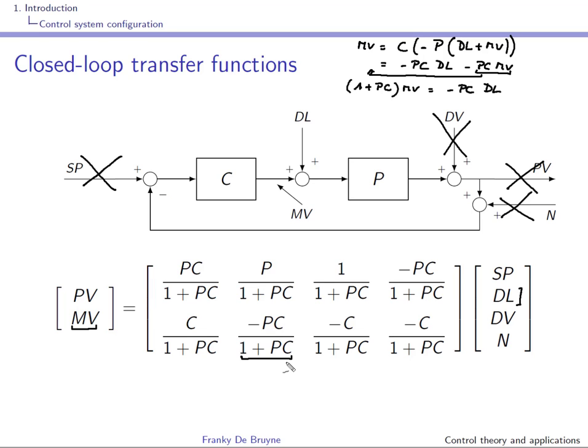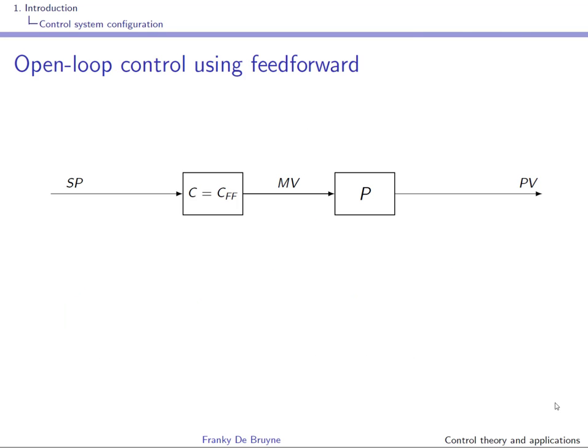So you have to be able to do this to compute each closed loop transfer function from any input to any output. Now that we are able to work with closed loop transfer functions, we might ask the question why we want to control a system using feedback. To answer this question, we'll look at the alternative to feedback, which is, well, setpoint feedforward.